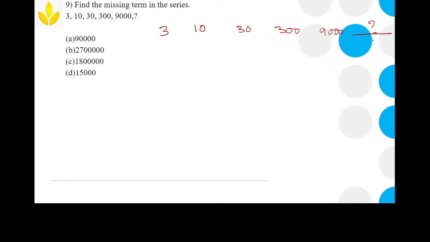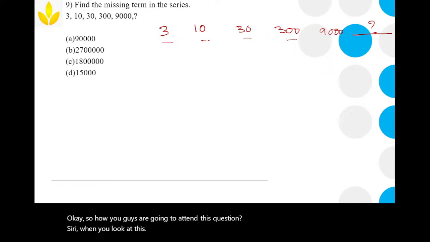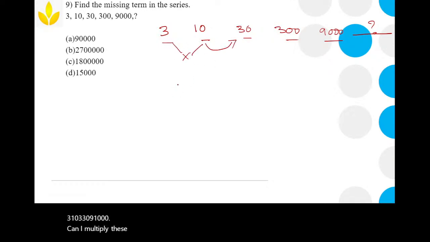Okay. So how you guys are going to attend this question? See here, when you look at this 3, 10, 30, 300, 9000, can I multiply these two and get 30? 3 into 10 gives me 30, correct?